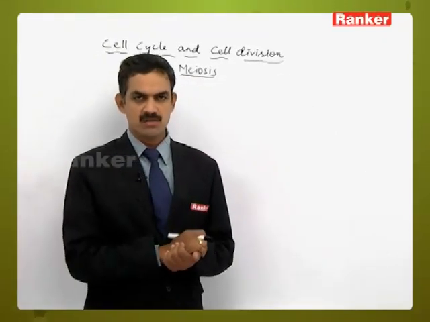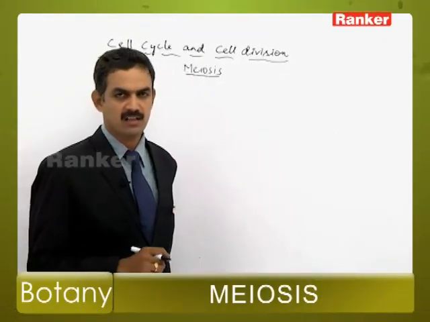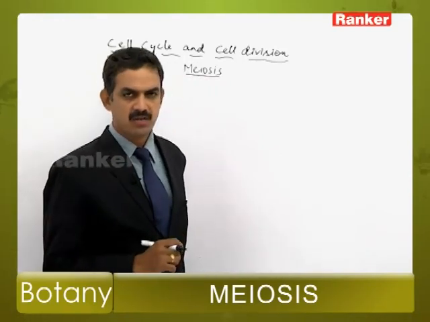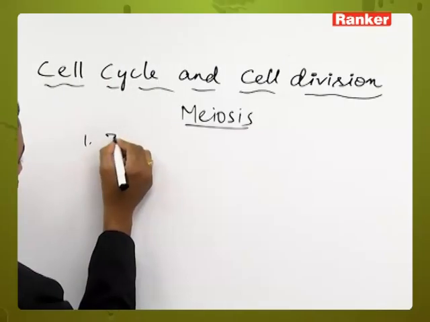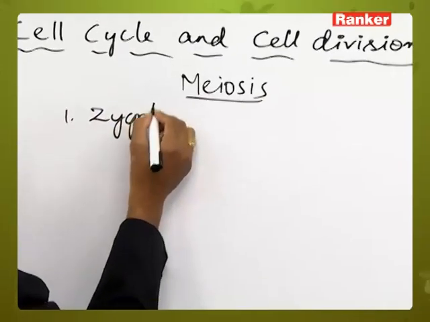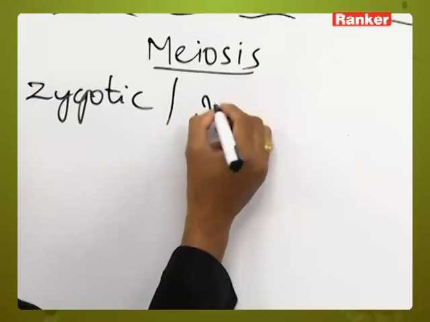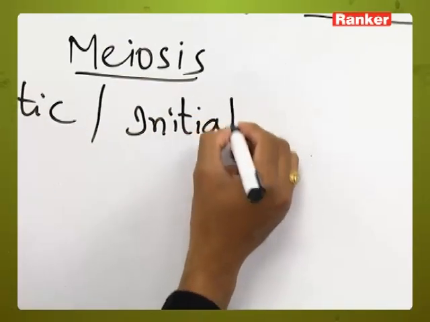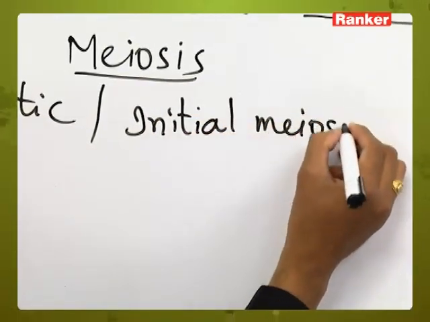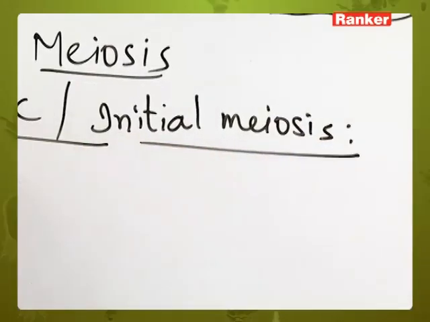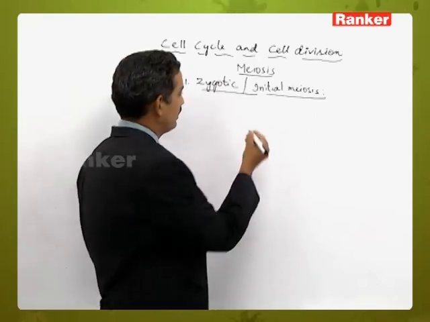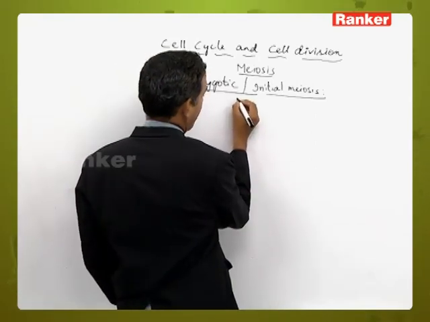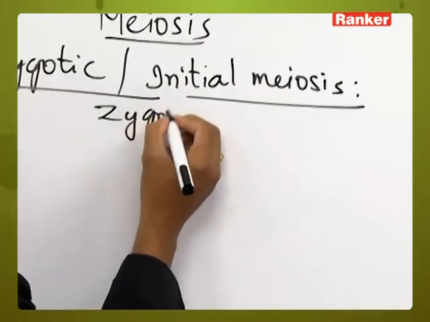Based on the stage at which meiosis takes place, meiosis is divided into three types. The first one is zygotic meiosis, or initial meiosis. This is the meiosis which occurs in the zygote, where the zygote undergoes meiosis.